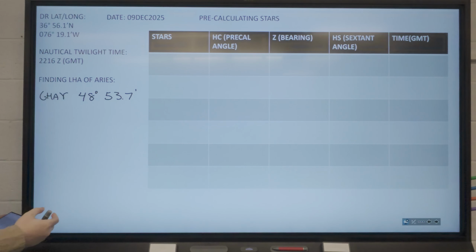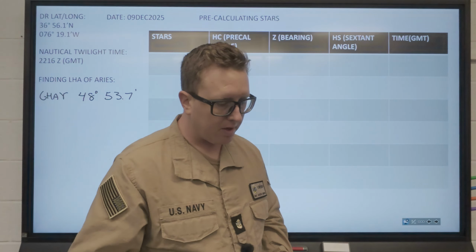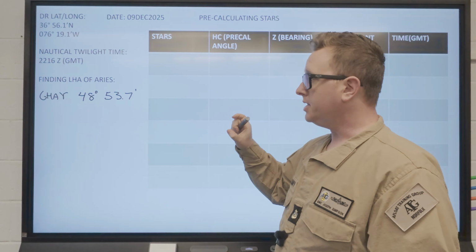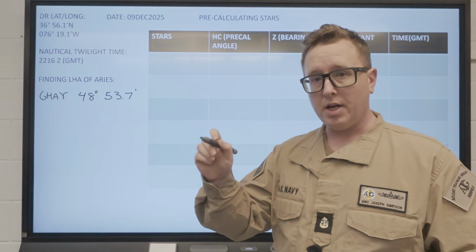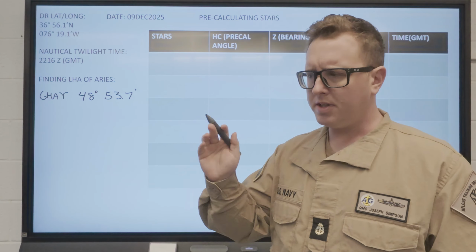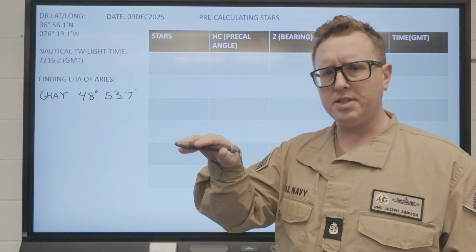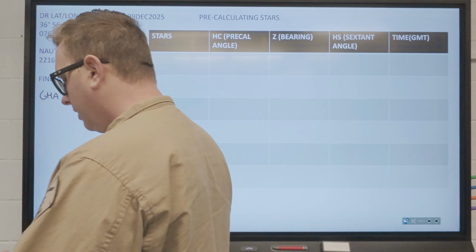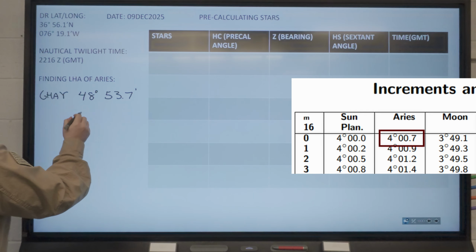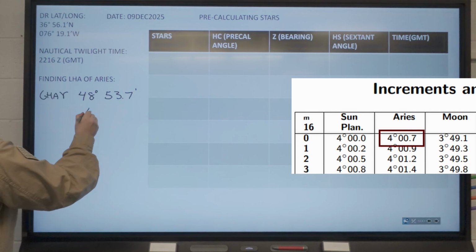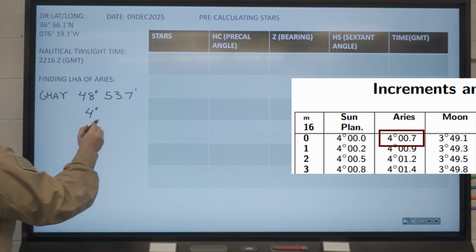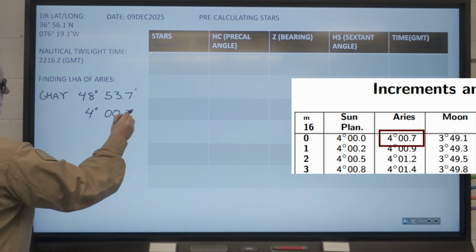Now you go to the increments and corrections page for the minutes, and you're going to find the table that says Aries. Since we don't have seconds in here, just to make it a little bit easier for us, you're just going to go right to the top where it says 0 seconds and find that, which gives us 4 degrees, 0.7.